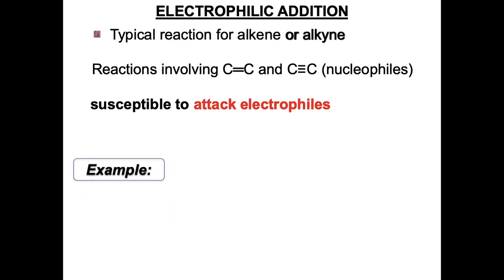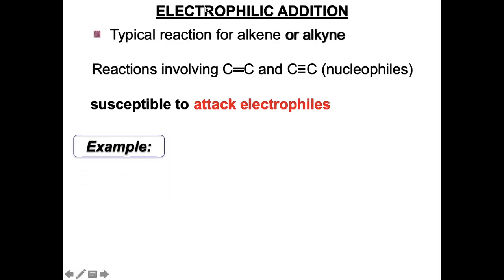Susceptible to attack by electrophile, the name of this reaction is electrophilic addition because they are nucleophile and electrophile will add into this reaction. So that's why the reaction is called electrophilic addition.